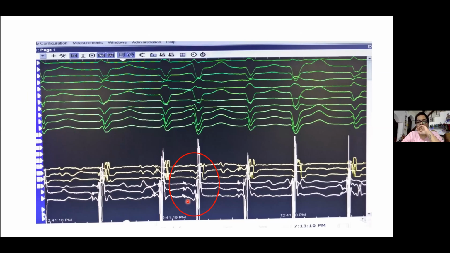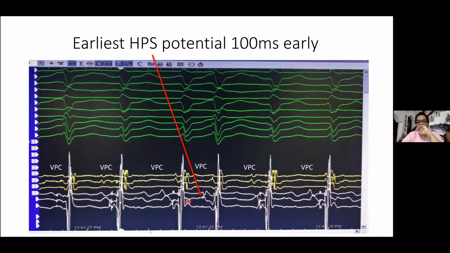The article says it's triggered activity in the Purkinje system, causing idiopathic VF, exactly like what you have shown. Very interesting. You can write it up. Yeah, sure, I think I'll do it.